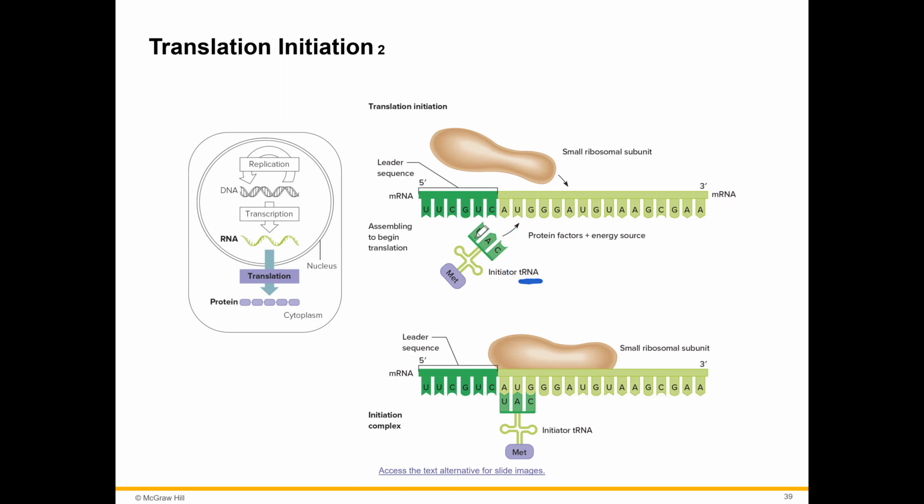The first tRNA is always UAC because it's going to bind to AUG, right? So that's our first amino acid, always methionine. So here we have a small ribosomal subunit, messenger RNA, and this initiator tRNA that carries methionine. And this is our initiation complex. So we're going to start translation.